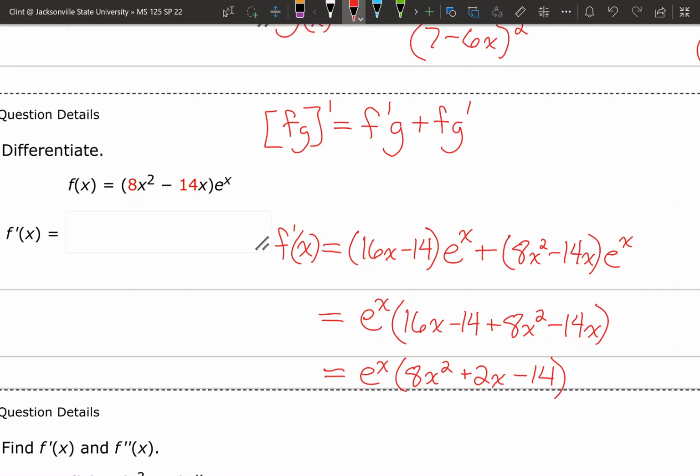It's pretty nice there. If you don't see that, that's not a big deal. I'm happy with the first line as well. Question on that one? Okay.